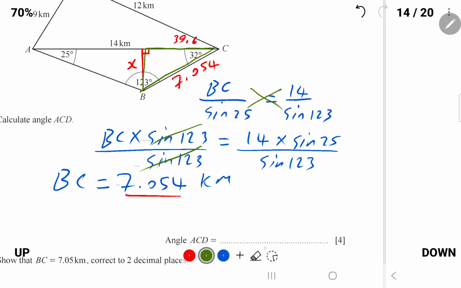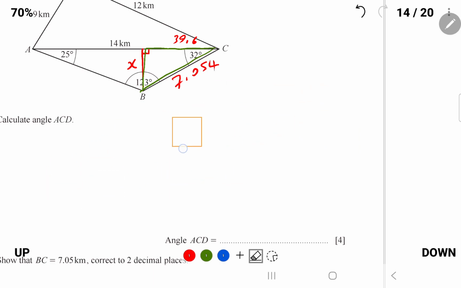and now we can see sine 32 is equal to opposite over hypotenuse. Remember, that's the formula.